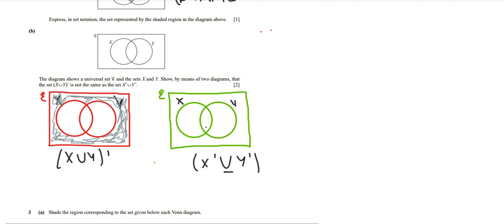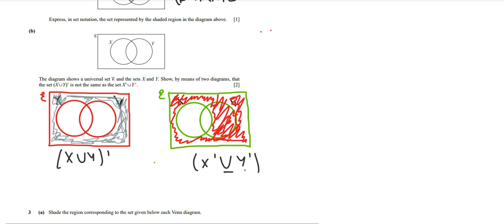What are we left with? So we'll go ahead and shade everything that's not in X. That'll give us this whole bit, including the background and this Y region here. Everything except X, right?